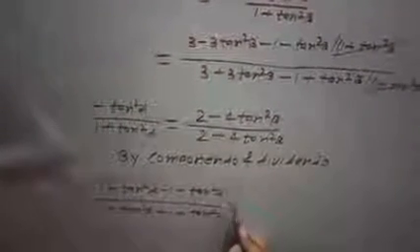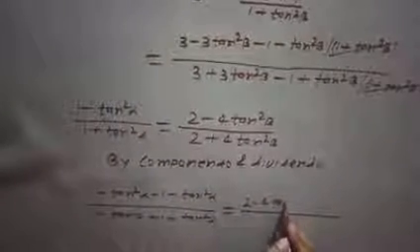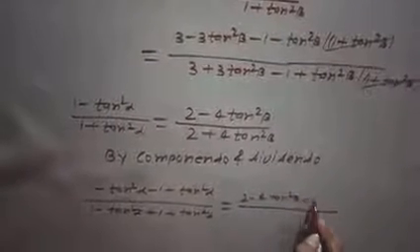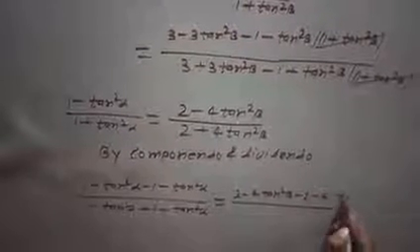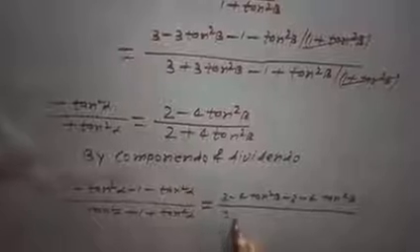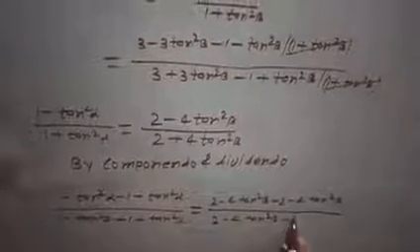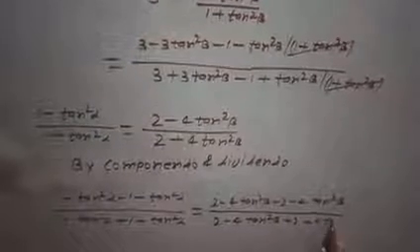Similarly this side, 2 minus 4 tan square beta minus (2 minus 4 tan square beta), here 2 minus 4 tan square beta plus 2 plus 4 tan square beta.